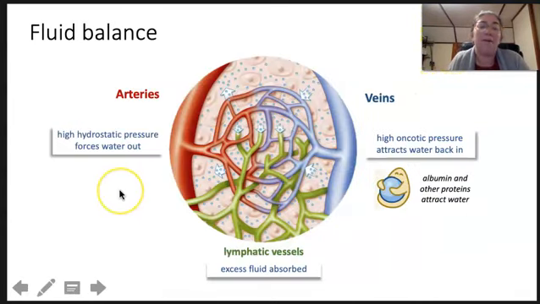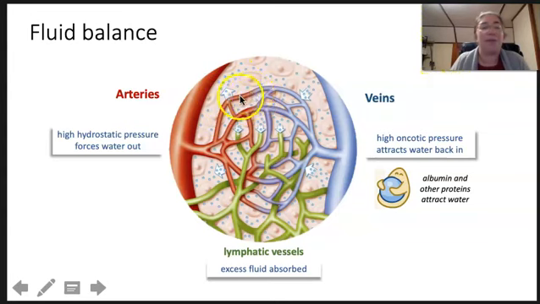So a little bit more about those pressure differences. In the arteries, because the pressure is so high, the hydrostatic pressure, as we call it, which is basically the physical blood pressure, is so high that it actually pushes water out of the arterial end of the capillaries.